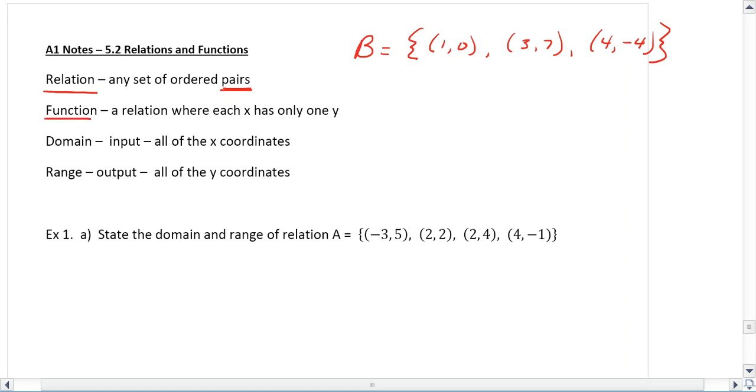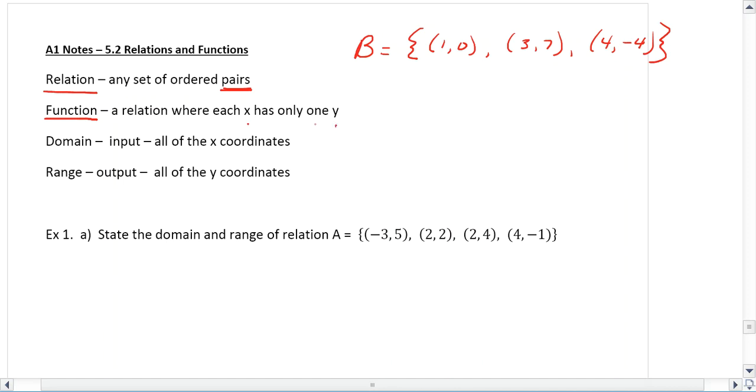Now, a function is a special kind of relation where each x has only one y. And we kind of made a joke out of this in class because these jokes help us remember things. That each husband only has one wife, because the word wife and y sort of sound the same. So each x can only have one y.